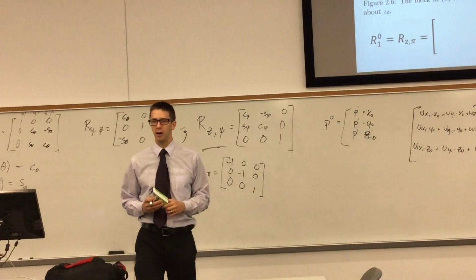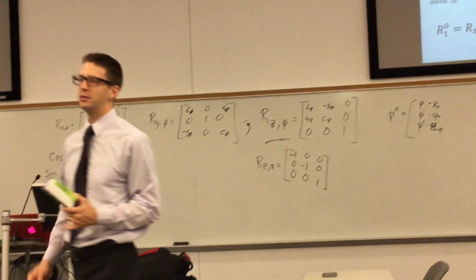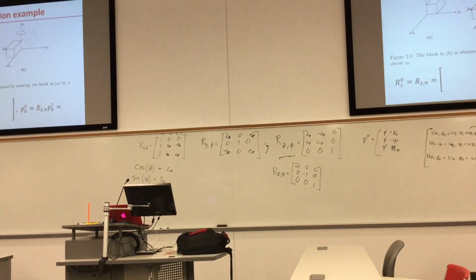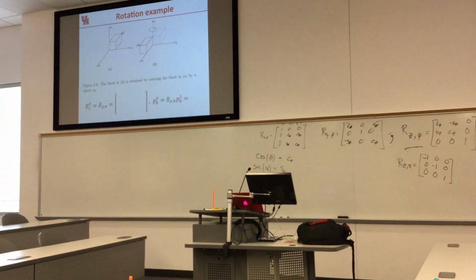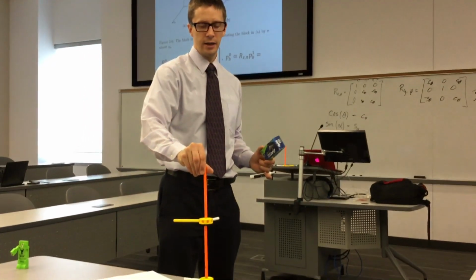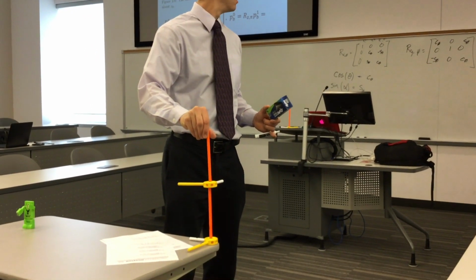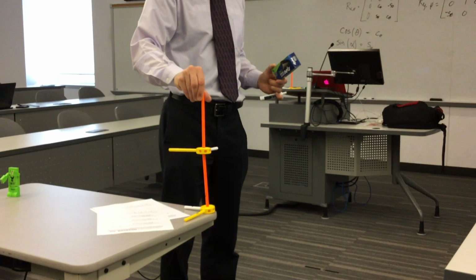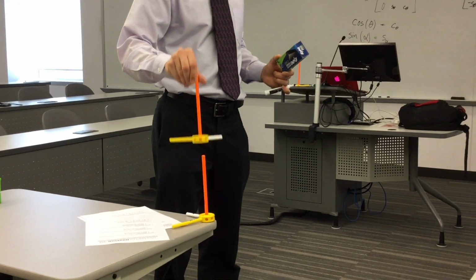So if we were to think about it, we could take 2 of these coordinate frames and we can see that's exactly what happens. So I've taken my coordinate frame here and I'm rotating it about z. And you can see that now x, oh wait, we did something wrong here.